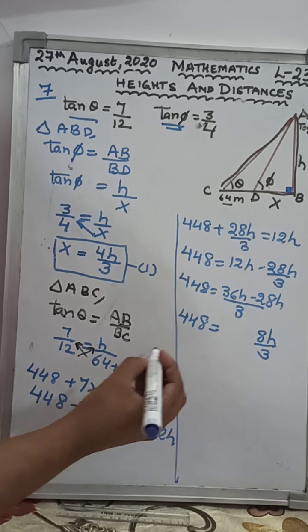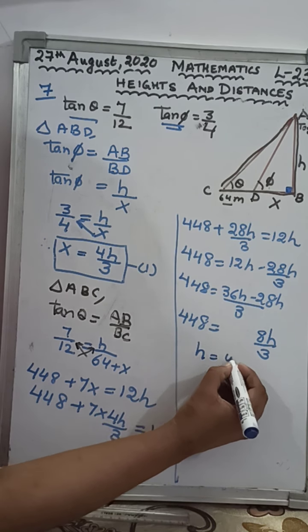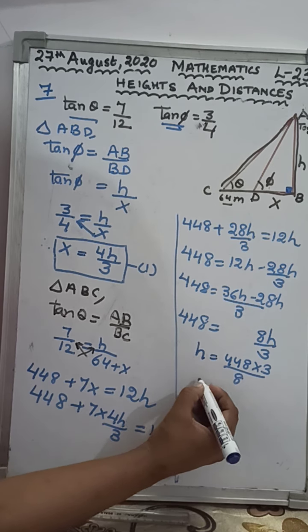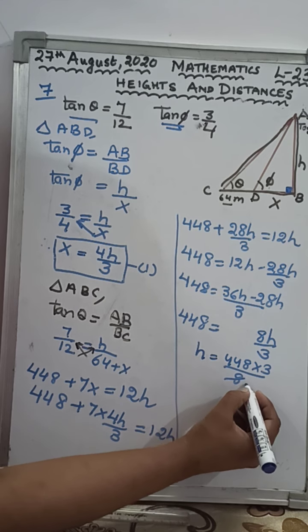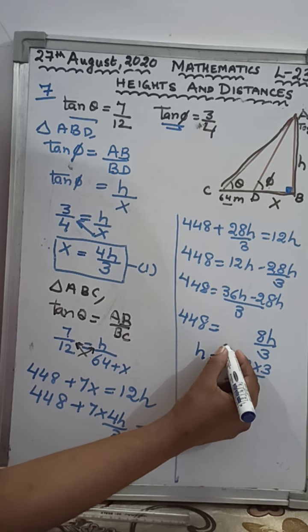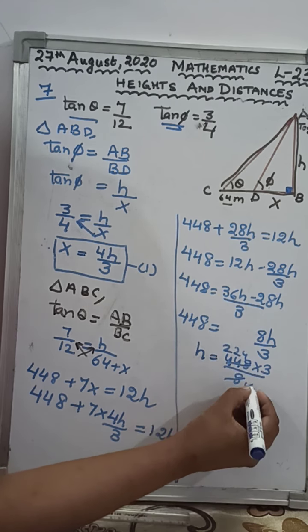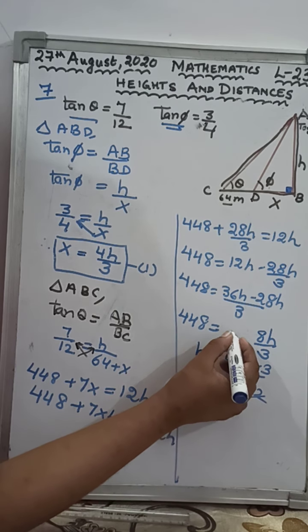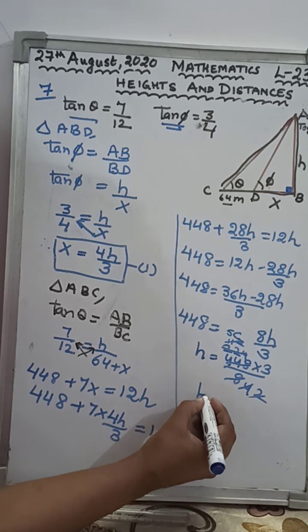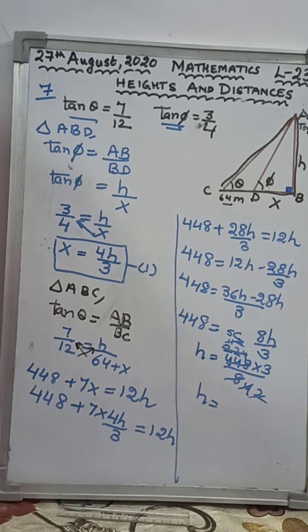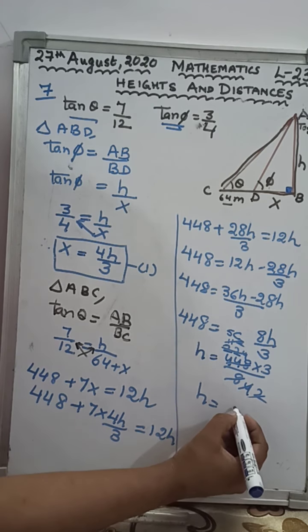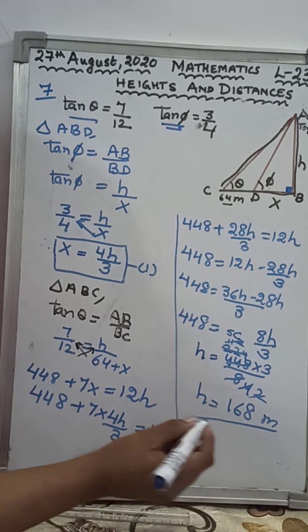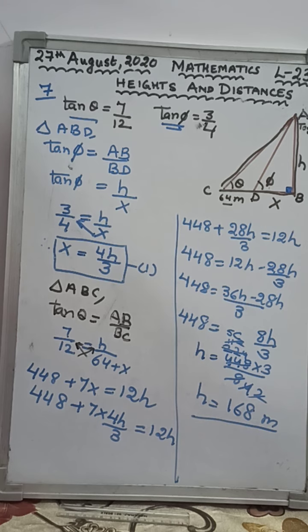So you will now cross multiply. h is equal to 448 multiplied by 3 upon 8. You will cancel with the table of 2, then again cancel, and again it will be cancelled. So h, when you multiply it with 3, comes out to be 168 meters. So this is our answer to question number 7.